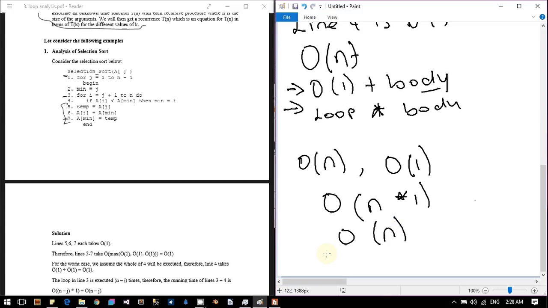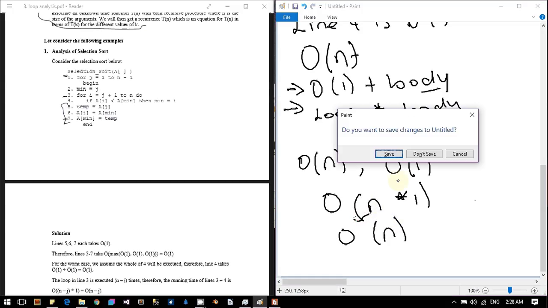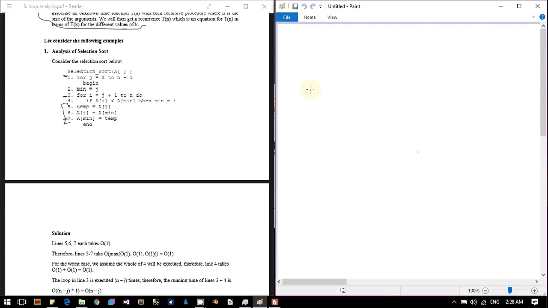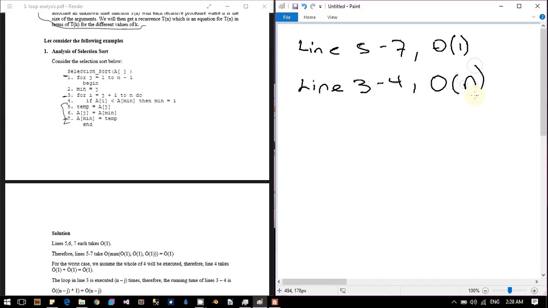So we can combine them now. We've already said line 5 to 7 is of order 1. Line 3 to 4 is of order what? n. So line 3 to 7, we're combining a sequence of statements.